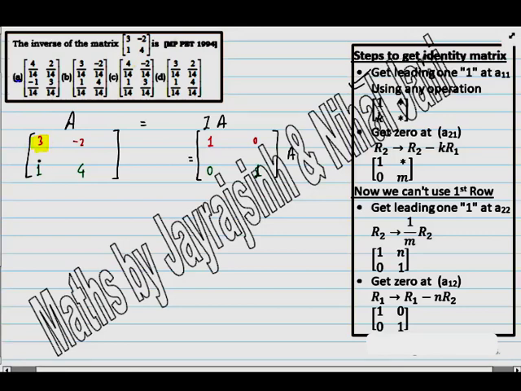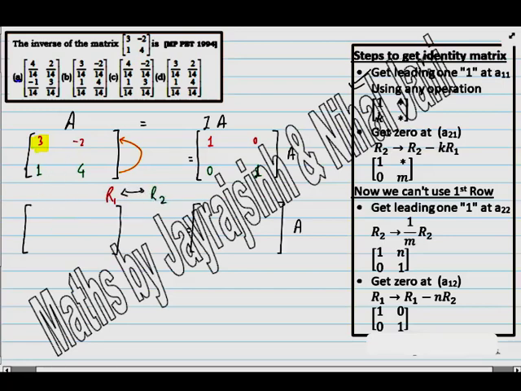Actually we have one, but it is in the second row, so it's preferable to exchange the second row with the first row, right? So the preferable operation is R1 exchange with R2.